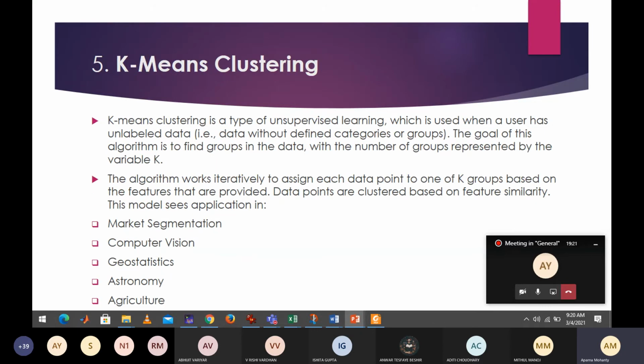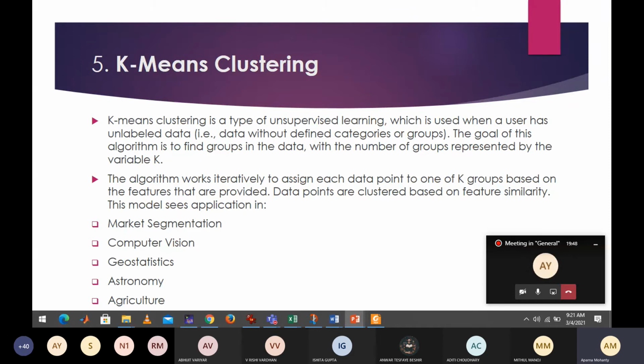Then K-means clustering. Here you cluster, which means you group things into a particular group. If there are different input data, you group particular data as, say, per category. That is called K-means clustering, and obviously you use it for classifying purposes, so it can be used as a predictive analysis tool also.